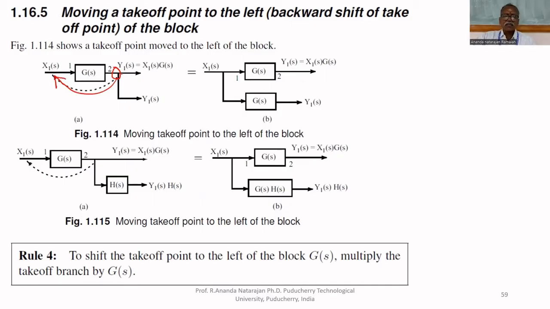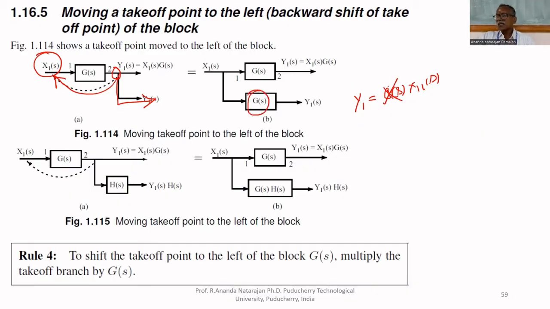In that case, it is already amplified by G of S. The x1 of S is already amplified by G of S. Here, what will you get? Here, y1 equals G of S multiplied by x1 of S. But if you shift that, G of S will not be there. That's why we have to multiply again by G of S.